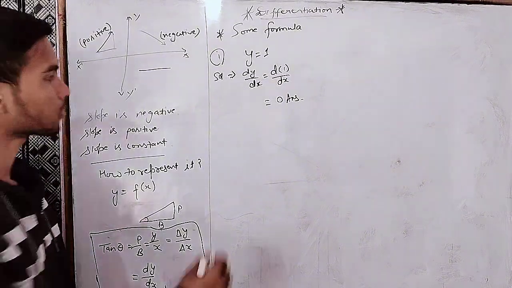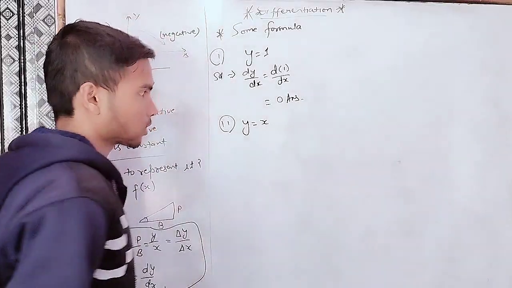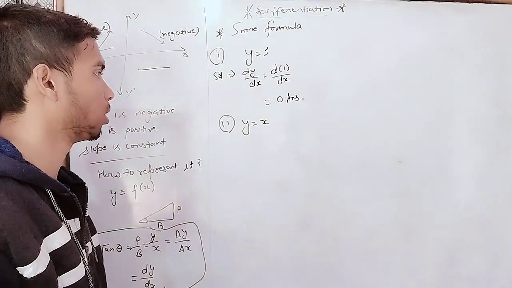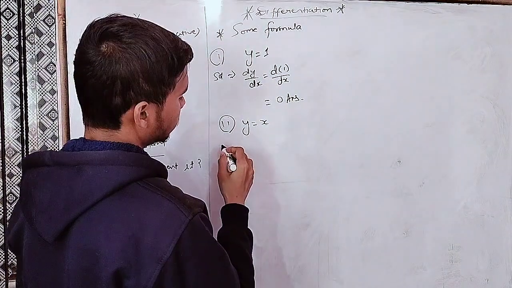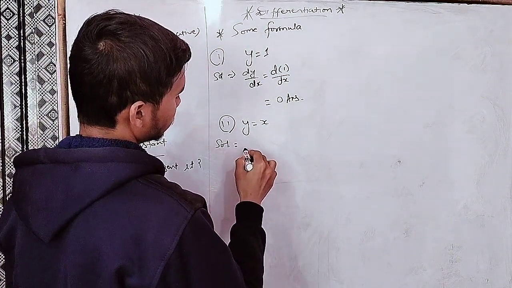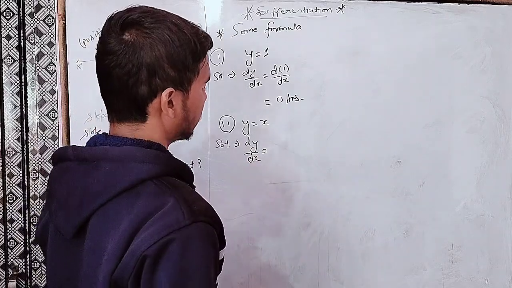Now next, y is equal to x. Now you have to differentiate it. How would you differentiate? You would write like that. Am I right?